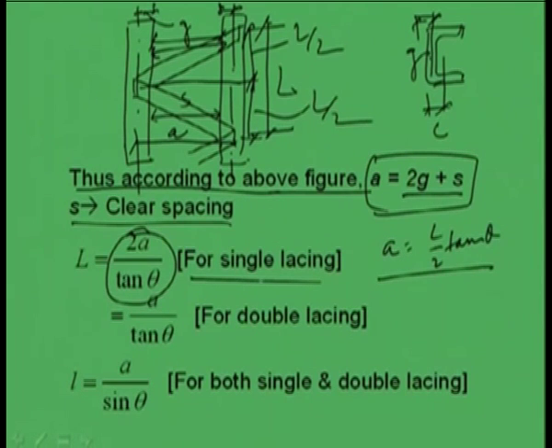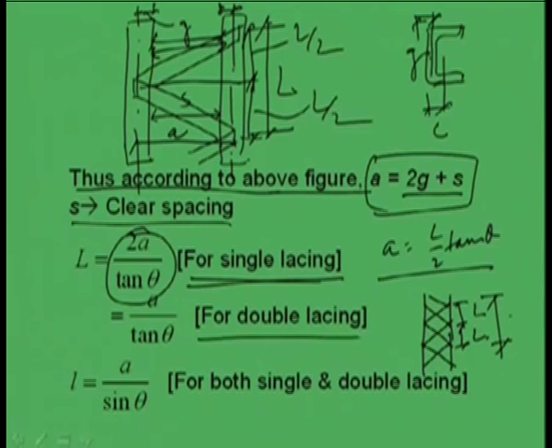So, for single lacing system L is 2A by tan theta, and for double lacing system similarly we can find it, because in a double lacing system L becomes half of that. This is L, this is L. In the single lacing system this was the L. So, for double lacing system L becomes A by tan theta.